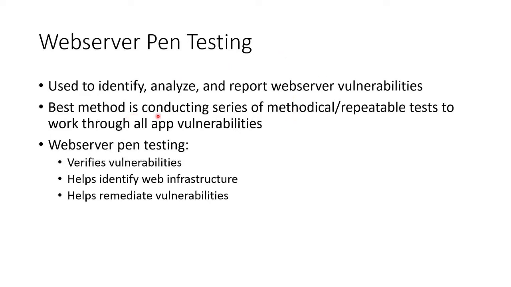So you go through methodical, repeatable tests, all the things we've been discussing. Try to work through all of the different vulnerabilities. And remember how we saw that whole stack of vulnerabilities. Web servers, especially because of their public-facing nature, because they're in a DMZ, unless they're an intranet internal portal, have all of these dependencies.